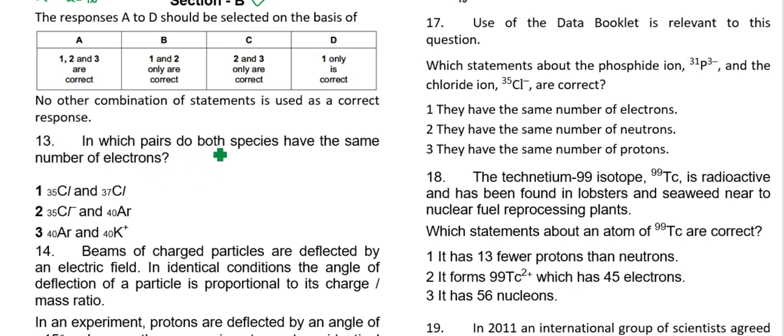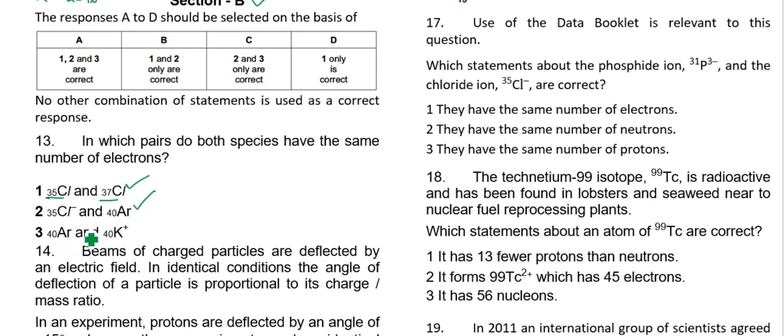In which pairs do both species have the same number of electrons? You can see both of these are isotopes of each other, and isotopes always have the same protons and electrons, so this option is correct. Then the chloride ion, as we calculated in our previous question, has 18 electrons, and argon also has 18 electrons, so this option is also correct.